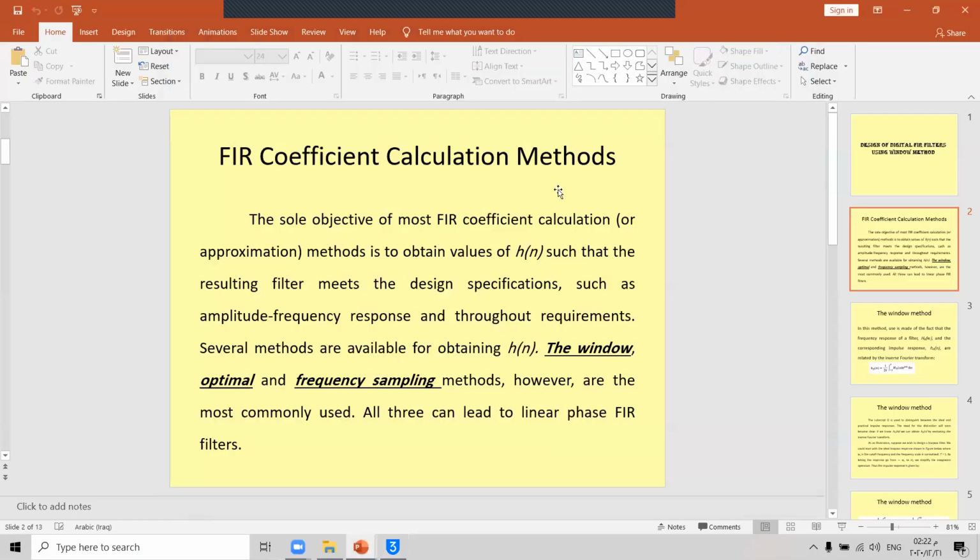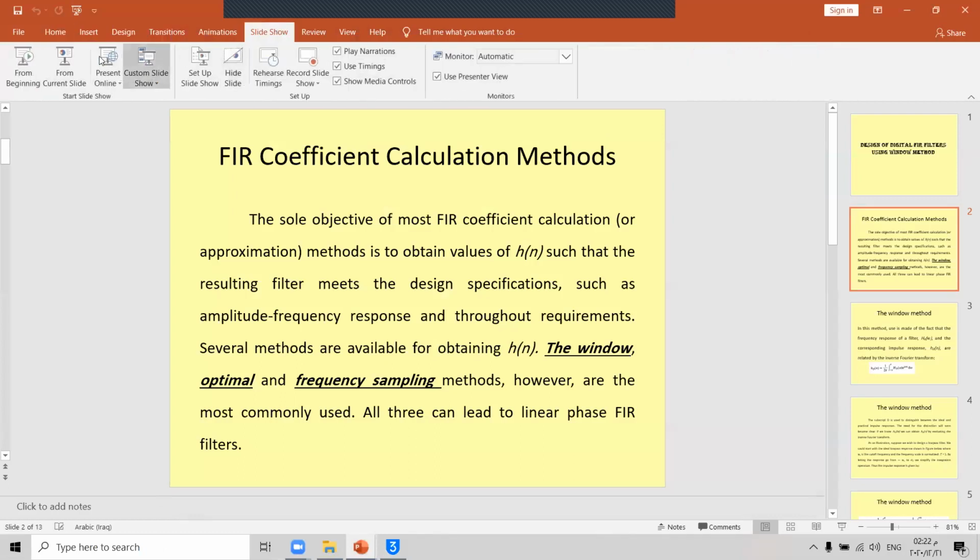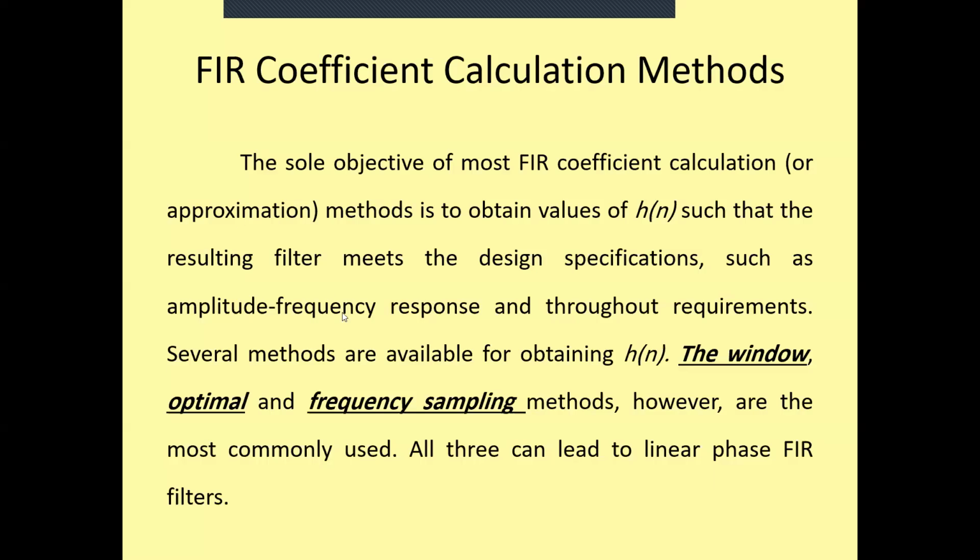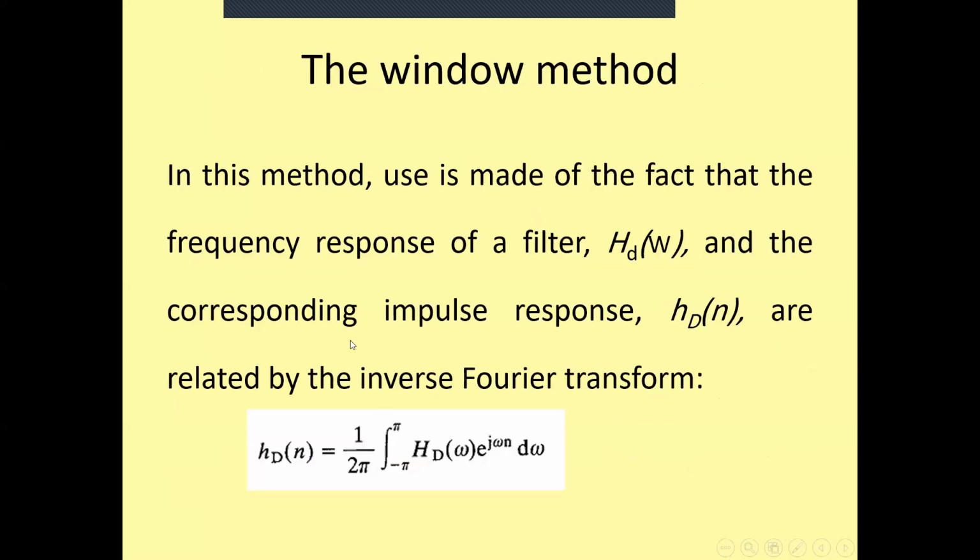Now let's go back to the PowerPoint slides and continue in the lecture. We said that all the three can lead to linear phase FIR filters. Now, to design an FIR filter, we have to find out at the beginning the ideal impulse response of the required filter.